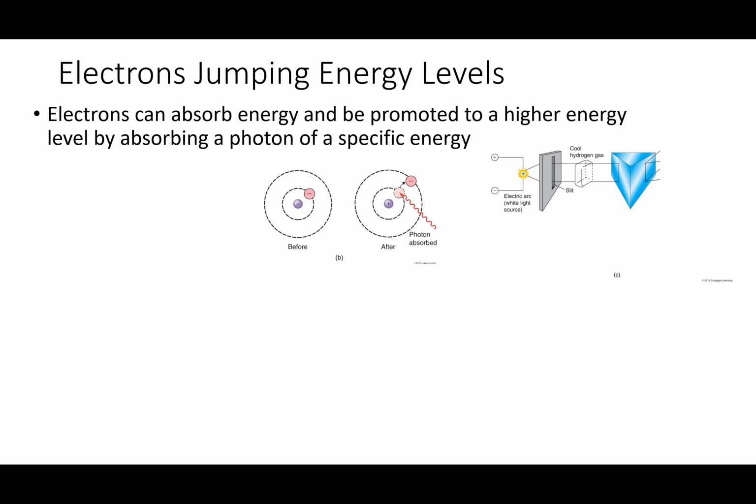If a hydrogen atom is neutral, how many electrons and how many protons does it have? What's its atomic number? 1. Yep, so it has 1 proton and 1 electron.